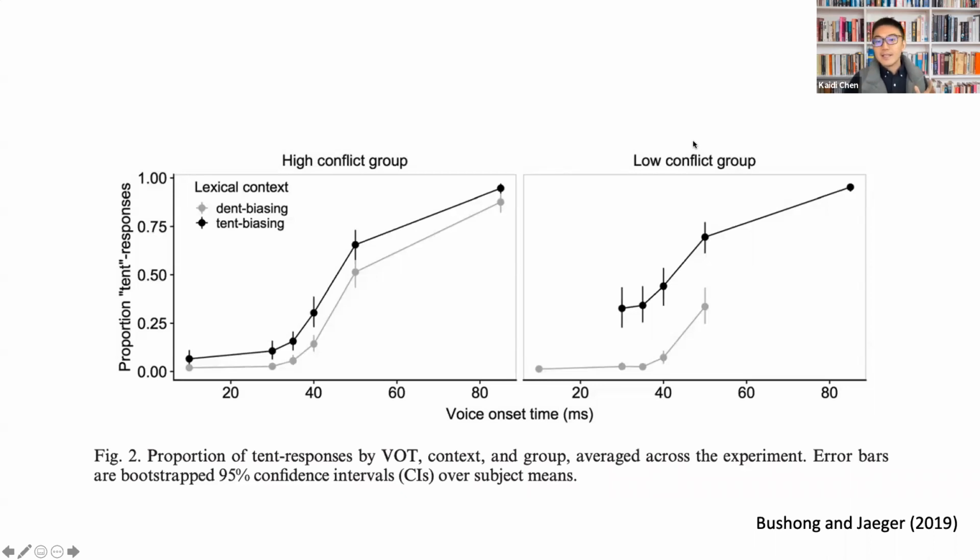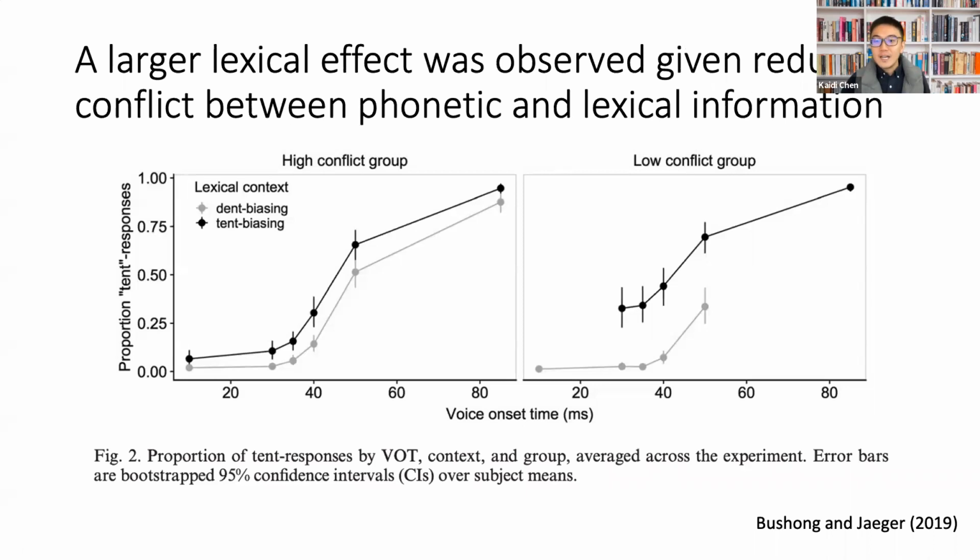That is, the lexical context effect is larger in the low conflict group. So put another way, when the phonetic and lexical information is more convergent, less conflicting, the lexical context effect is larger. Thus, here they have observed a conflict effect by comparing the two conditions.